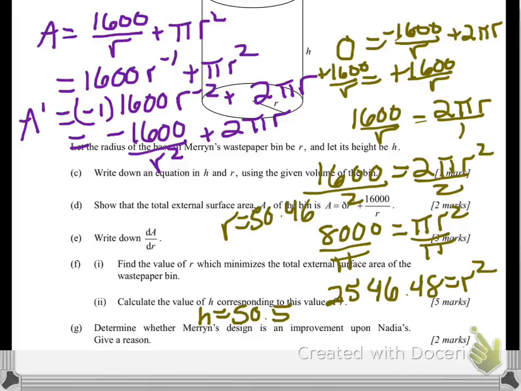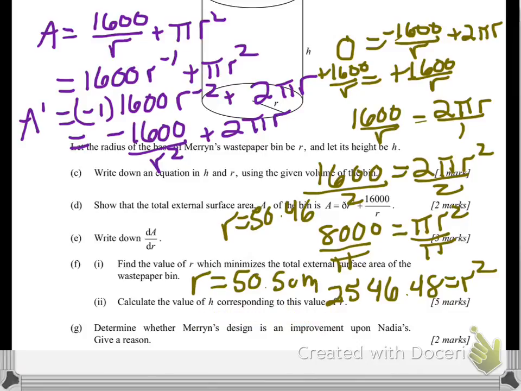And what are my units? I think they're centimeters, okay? Now, they want to know, is this an improvement? Oh, wait a minute. That is my R, isn't it? I found what R is. So now they want us to find the value of R. I'm sorry. R is equal to 50.5 cm.